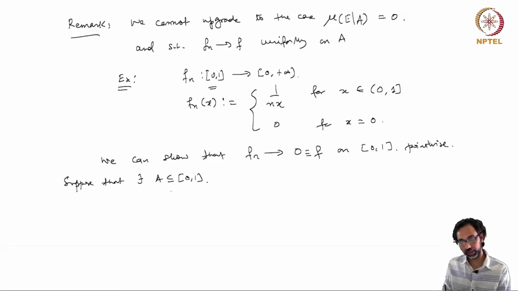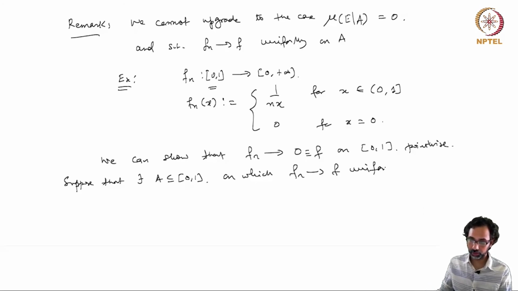Suppose that there exists such a set A on which f_n converges to f uniformly, and the measure of E minus A is equal to 0.